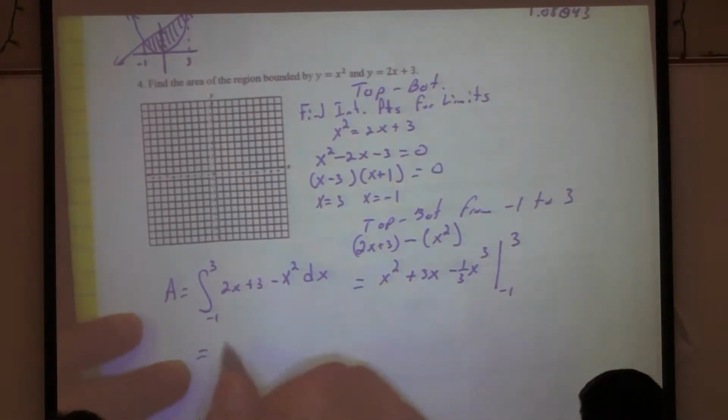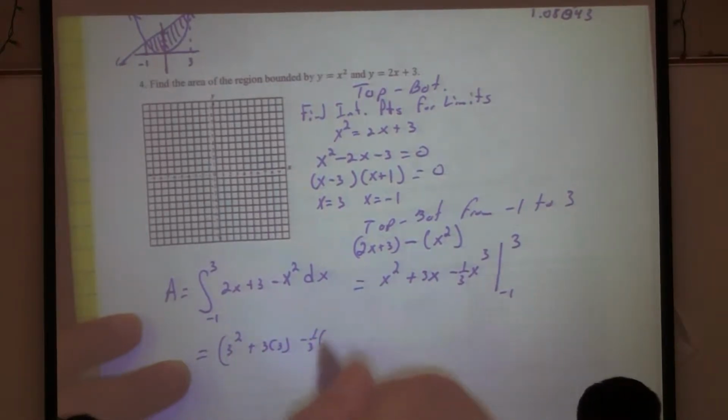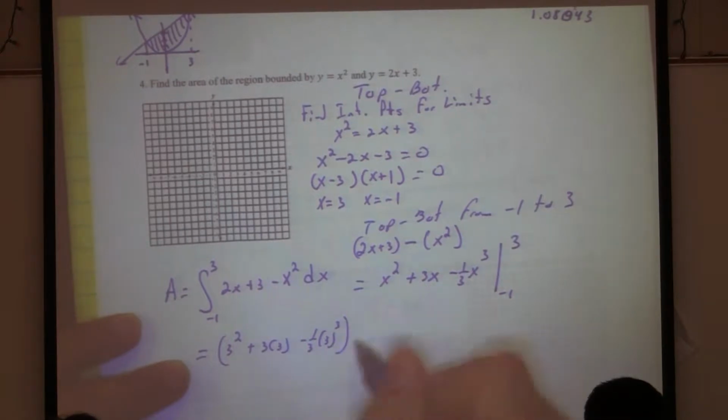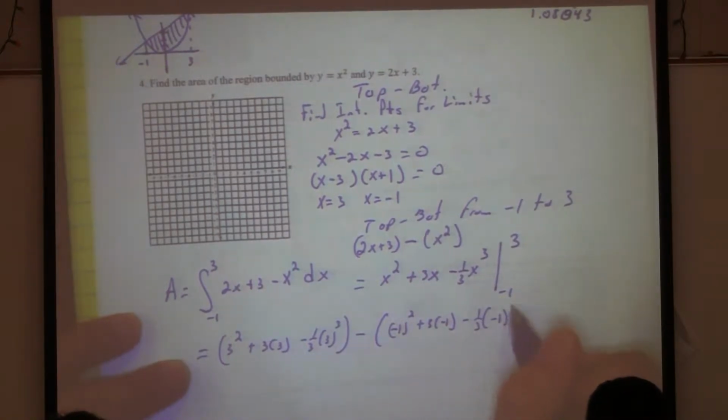You have to do it by hand. So 3 squared plus 3 times 3 minus 1/3 times 3 cubed, minus negative 1 squared plus 3 times negative 1 minus 1/3 times negative 1 cubed.